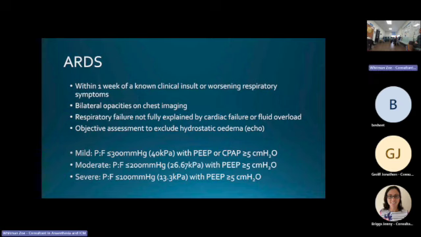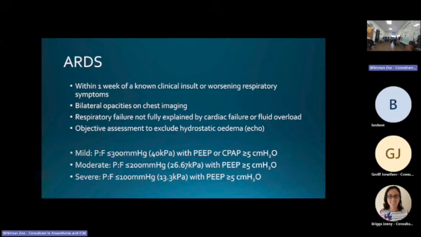And it's categorized into mild, moderate, and severe, which is what they ask about in exams. That's based on the PF ratio, which is PaO2 to FiO2. So you work out the blood gas and what their PO2 is, and then you divide it by whatever the FiO2 is.